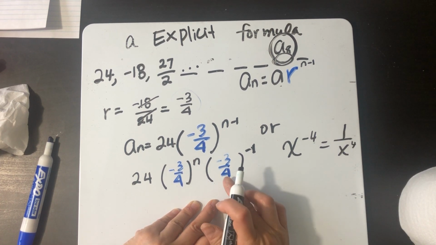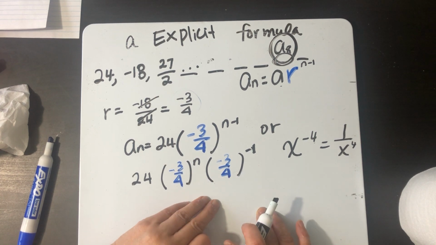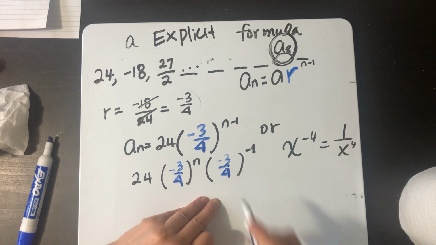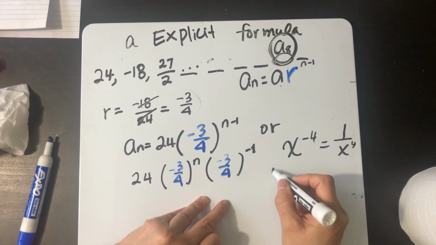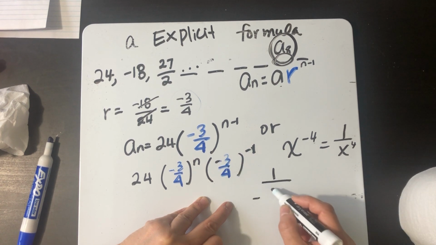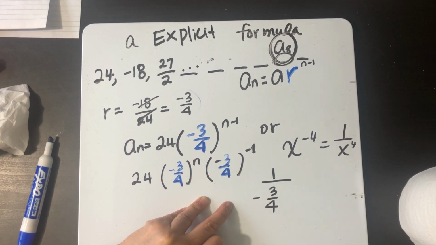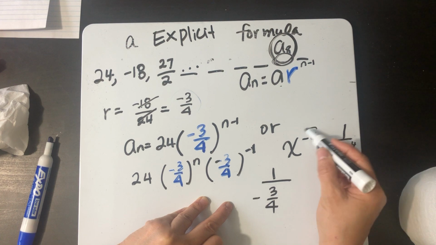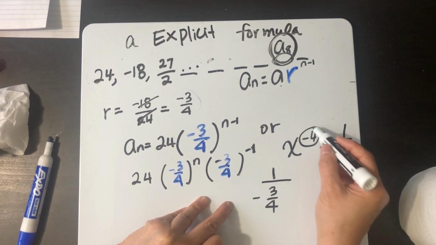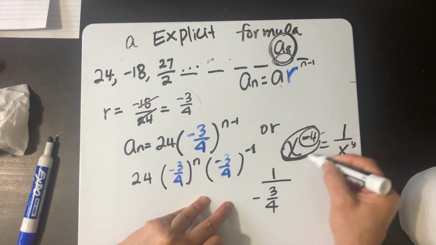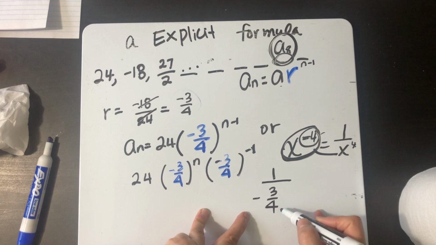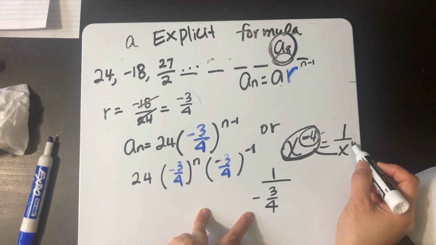So the whole thing has to go down: 1 over negative 3 over 4, and then you have a positive exponent.